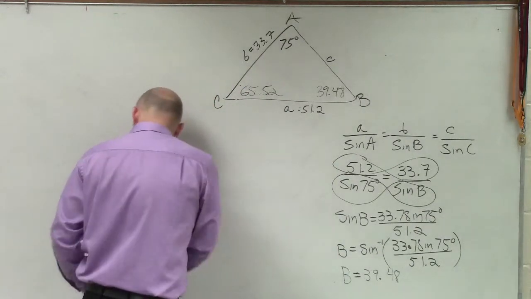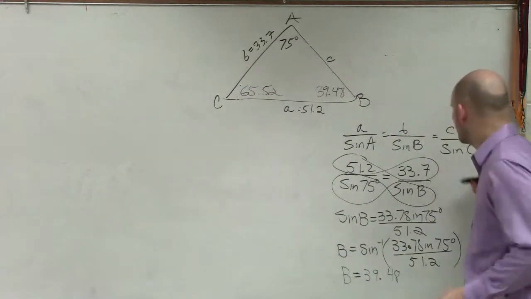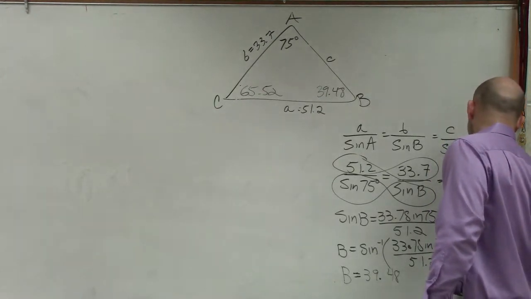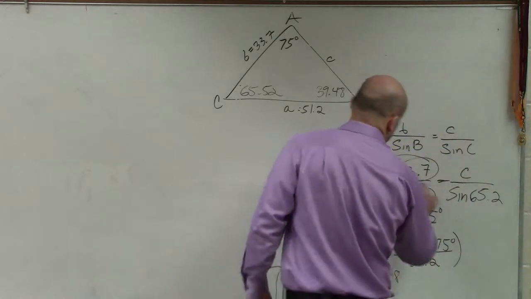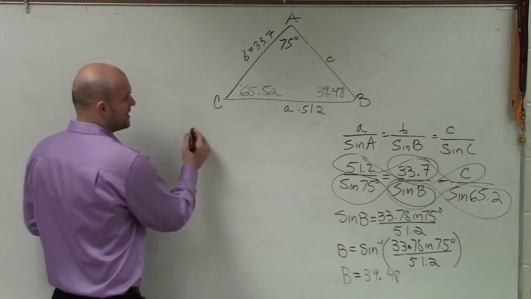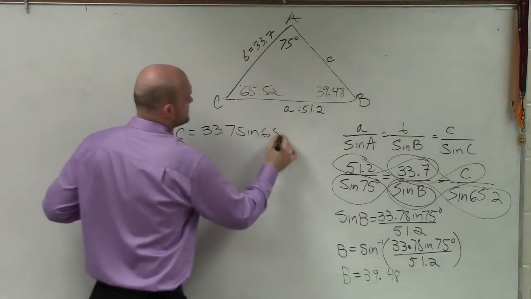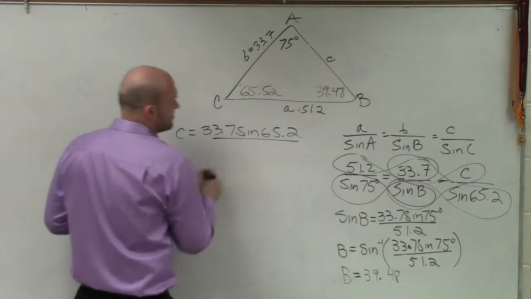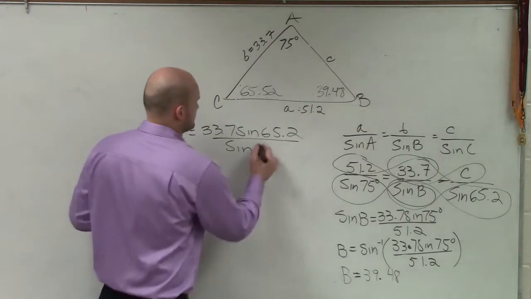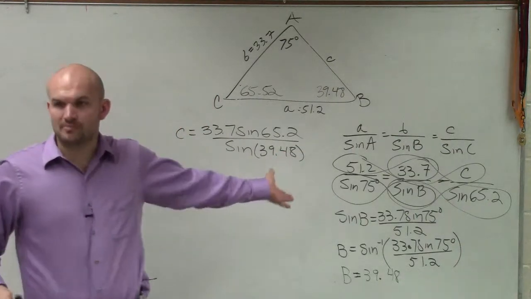So Garrett, before you lose your interest, the last thing I need to do is solve for the side. So I know the sine of 65.52. Again, we do cross multiplication. And without doing all the work, I can tell you that the side equals 33.7 times the sine of 65.52 divided by the sine of B, which is now 39.48, because now we know what B is.